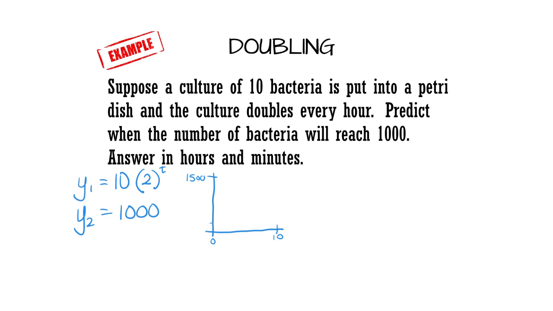When I graphed this, I've already done it. I graphed it and it came up here and it was this beautiful exponential growth. And then it had this horizontal line right here at 1,000. And I was looking for this ordered pair right here. And so I went to my calculator and I did the whole second trace.